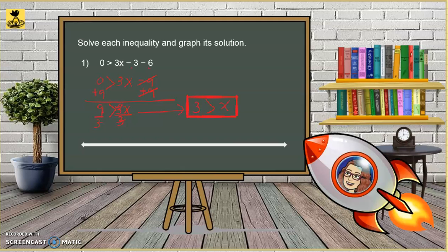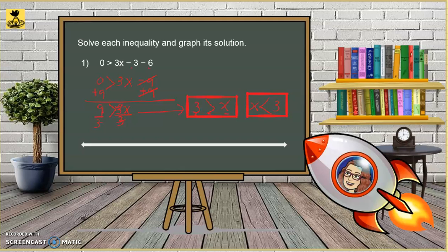We can also rewrite this as x is less than 3. They mean the same. If we read x first, x is less than 3, but if we read 3 first, it is 3 greater than x.